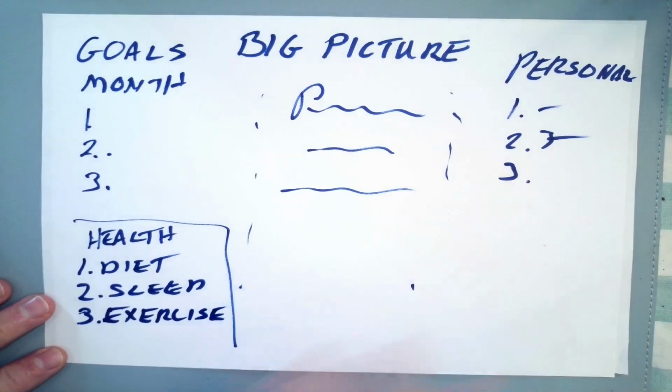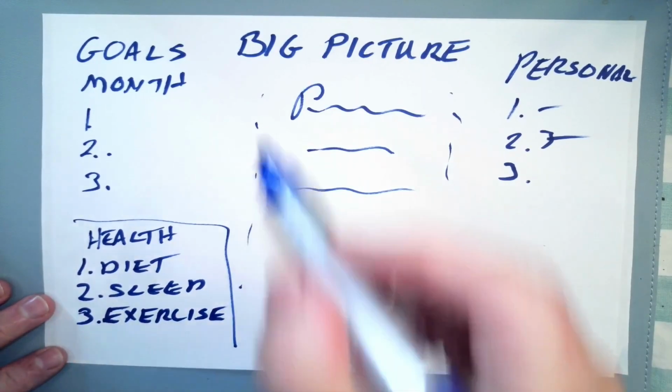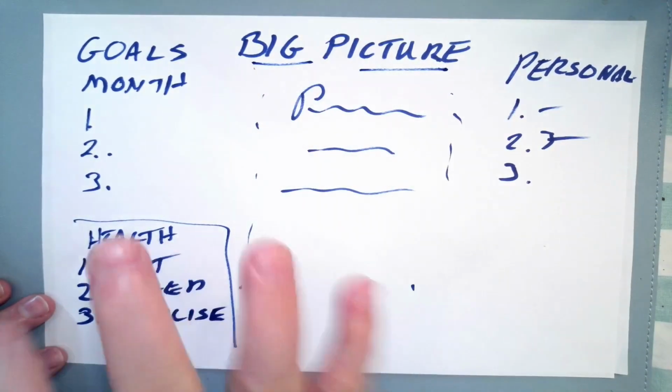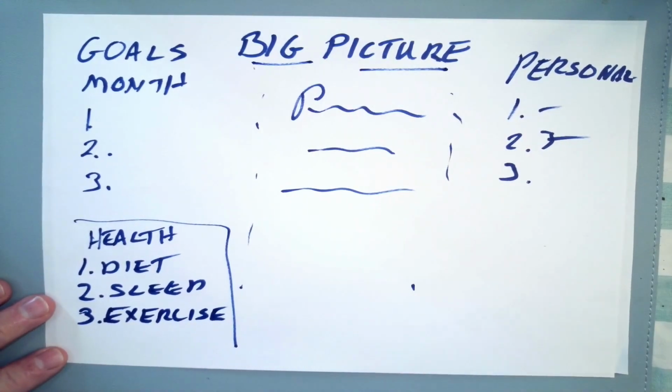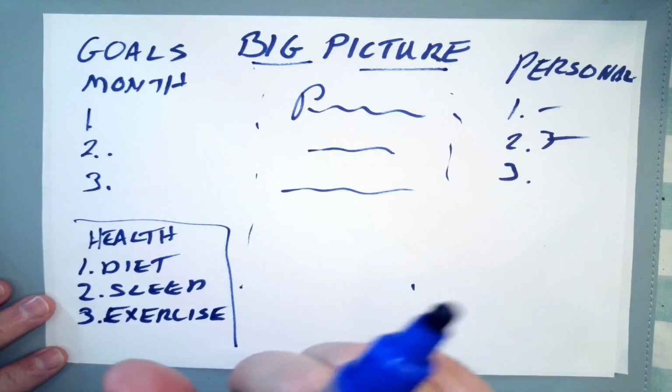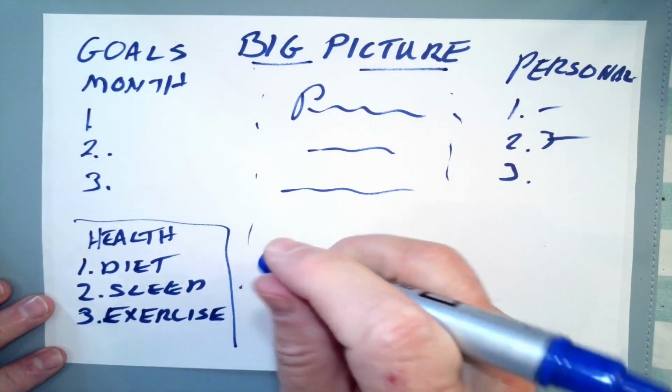There are, of course, other spaces available, and you can organize this any way you want. What I do is I have this on a large scale on a whiteboard, and I'll just come and sit and look at it.